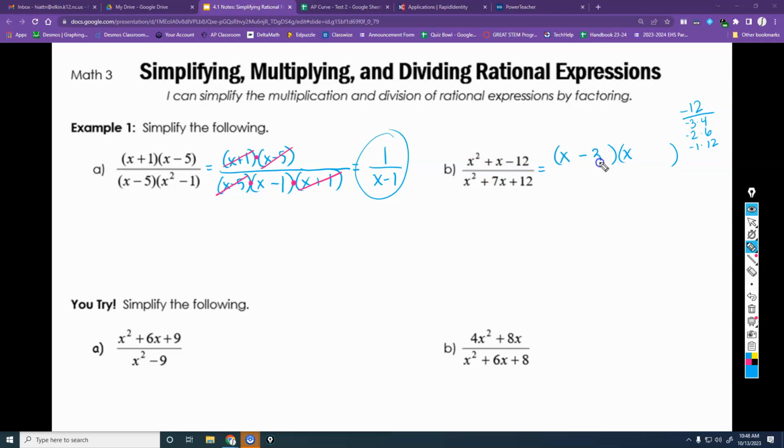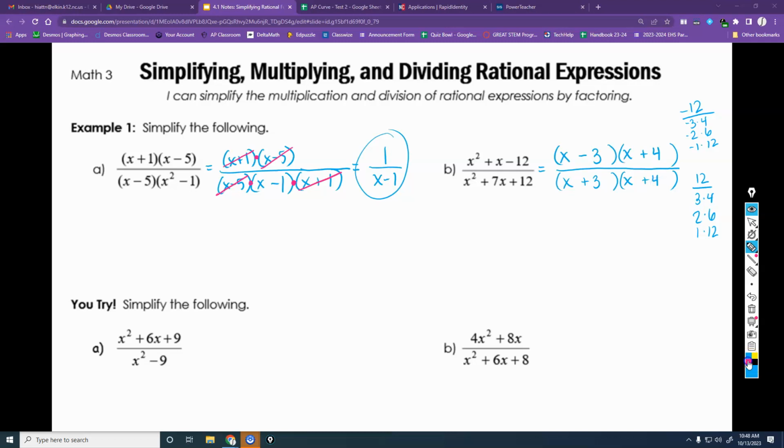So that factors on the top. On the bottom, I would have an x and an x here. I've got a positive 12 right there on the bottom, so that could be 3 and 4, 2 and 6, 1 and 12. Which one of those would give me a positive 7 in the middle? 3 and 4. So positive 3, positive 4.